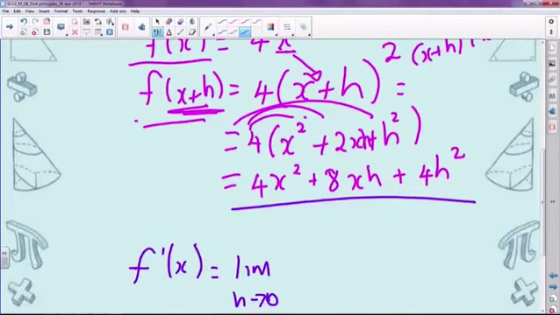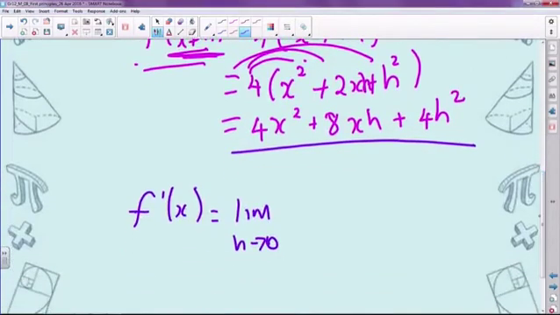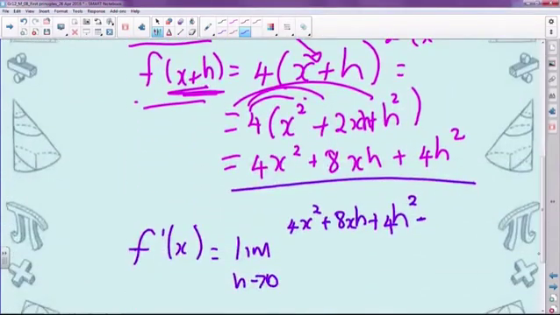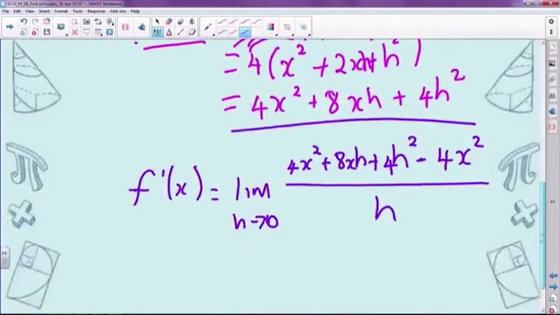So in place of f of x plus h in my formula, I can put down what I've just worked out, which is 4x squared plus 8xh plus 4h squared minus f of x. That's the next part of the formula. It says minus f of x. So I need to now take away the original function, and then that's all over h.